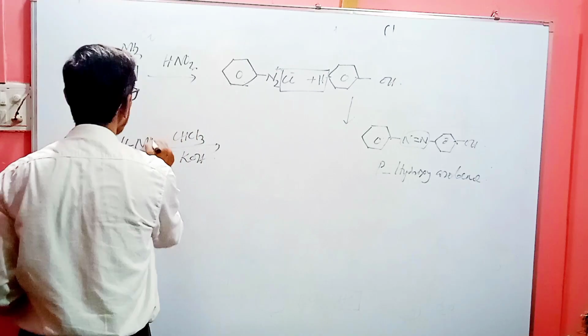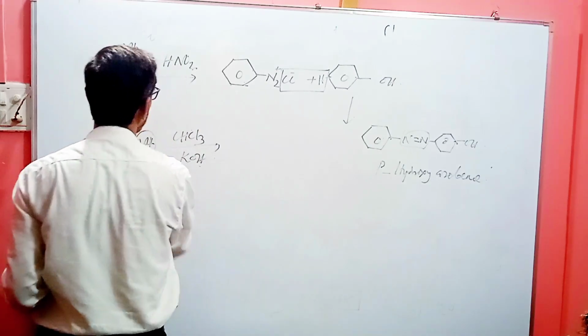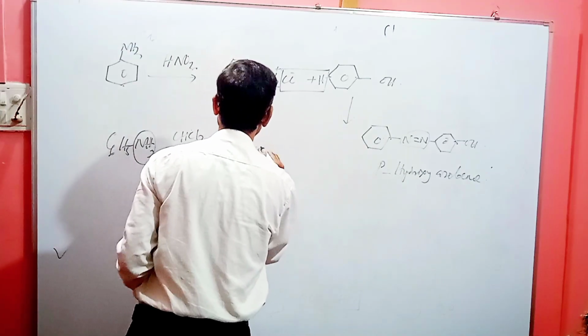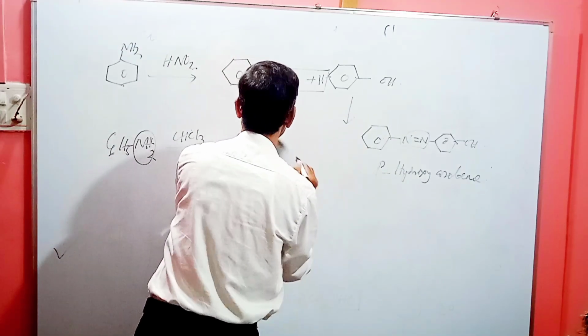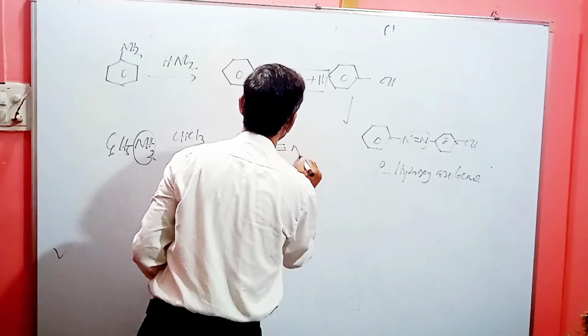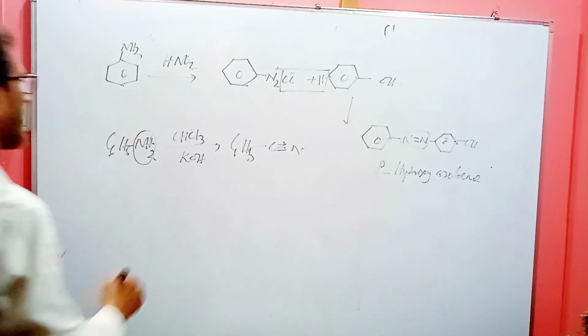At the very beginning I told you, if chloroform and potassium hydroxide are with an amine, then it is the Carbylamine test, the carbylamine reaction. You get isocyanide, with a fishy and foul smell.